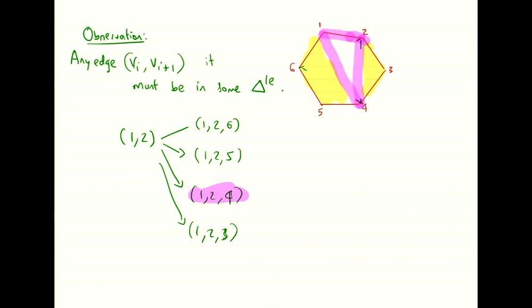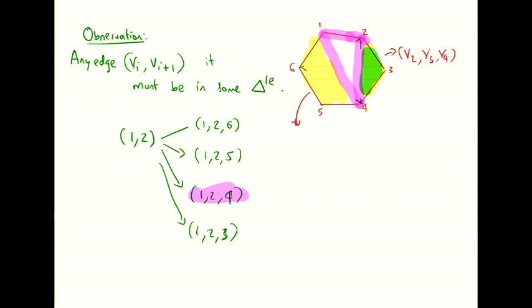Meaning, this polygon, let me use a different color here, is really the section formed by the vertices V2, V3, V4. That is this green section. What about this one?